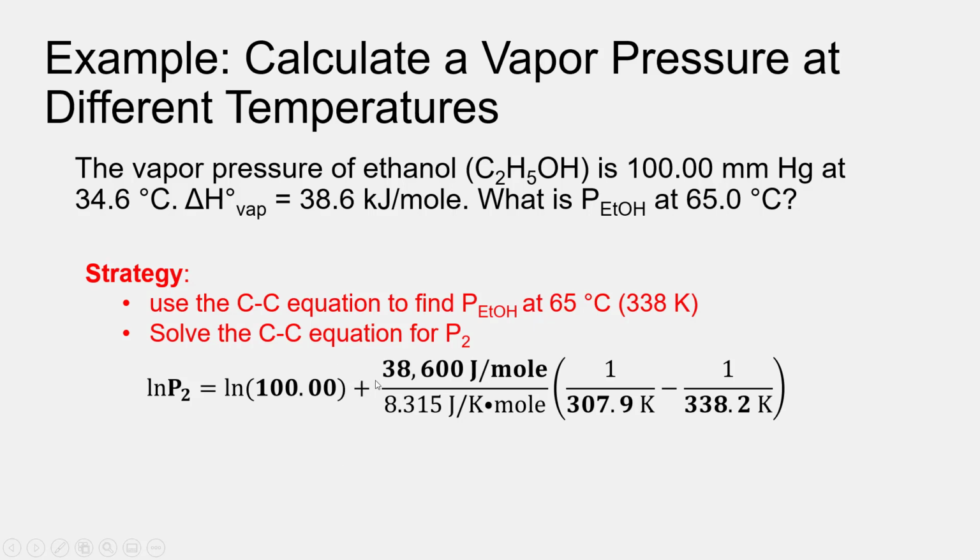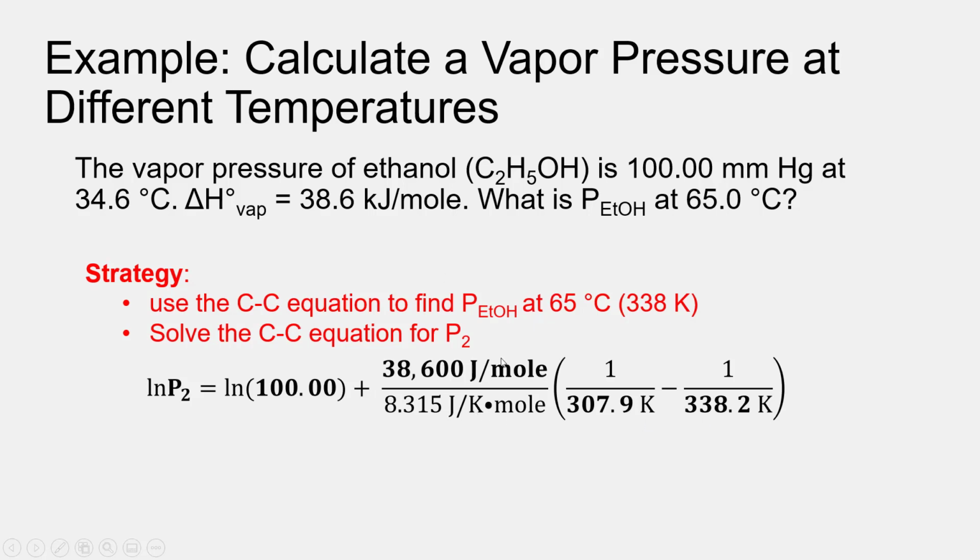Okay, so a couple of modifications that I have to make on my original measurements in terms of getting them in the right units. My enthalpy of vaporization was given to me in kilojoules per mole, but when I put it in the Clausius-Clapeyron equation, it has to be in joules per mole. Your units have to work out and cancel. Because my gas constant is in joules per Kelvin per mole, my temperatures have to be in Kelvin.